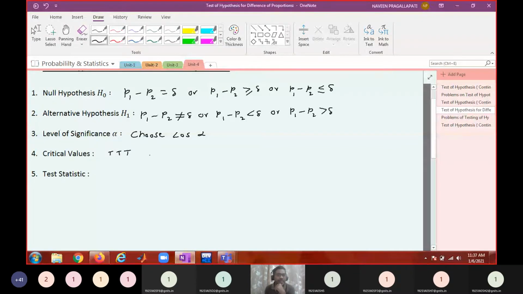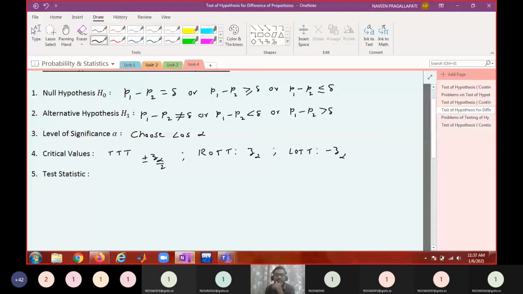Therefore the critical values: in case of two tail test, plus or minus Z alpha by 2, and if it is right one tail test, this will be Z alpha, and if it is left one tail test, it will be minus Z alpha.